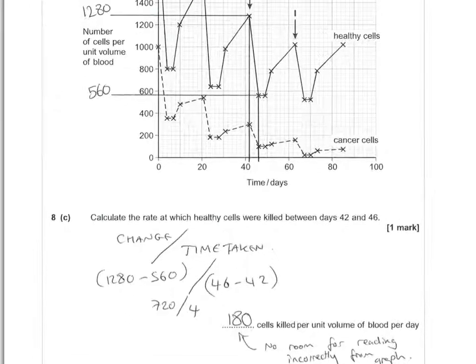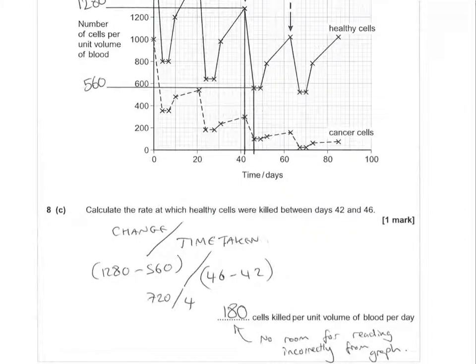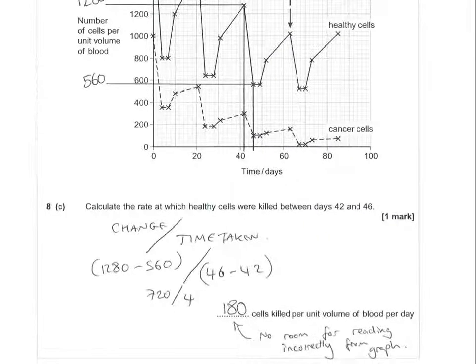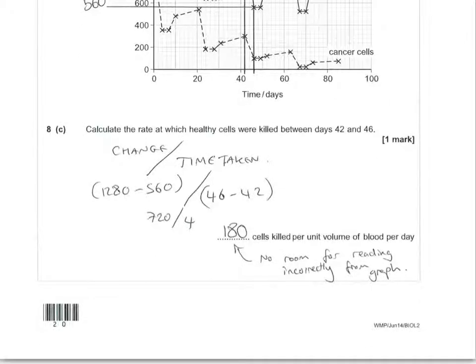So the difference in the number of cells is 1280 minus 560 to give you 720. The difference in time, so the time taken, is between 46 and 42, which is 4 days. 720 divided by 4 gives you 180 cells killed per volume of blood per day. There's absolutely no room for reading incorrectly.